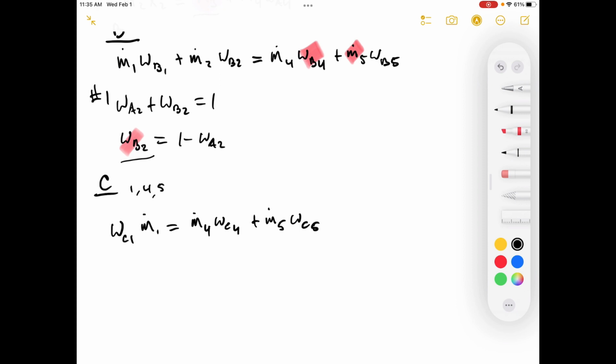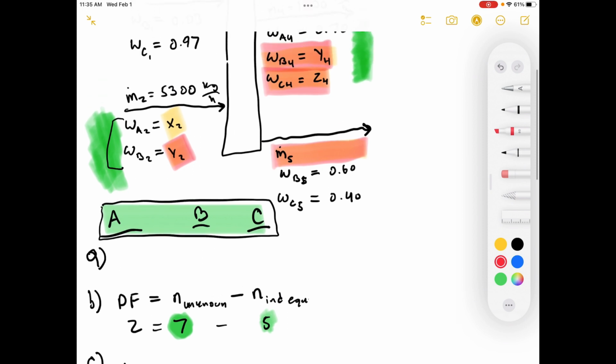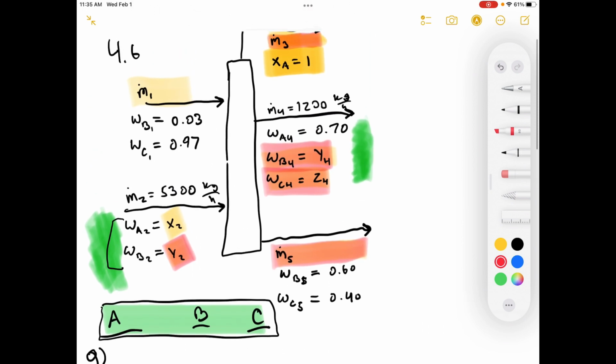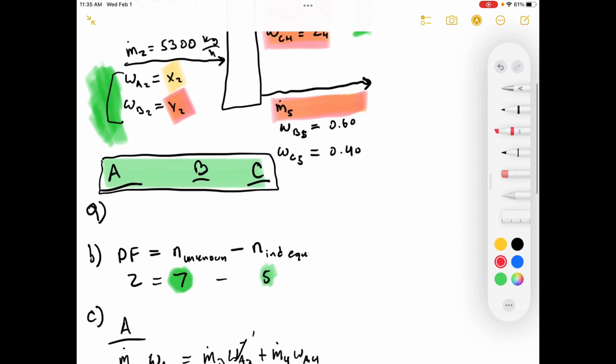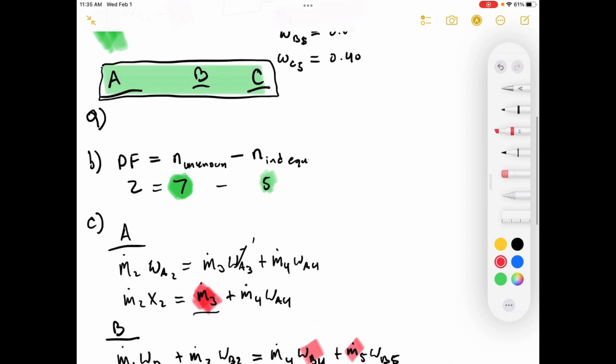Okay, so let's look at all of our unknowns here. We've got WC4 and mass flow rate of stream 5. So WC4 and mass flow rate of 5.